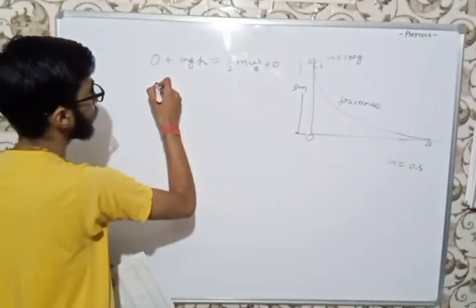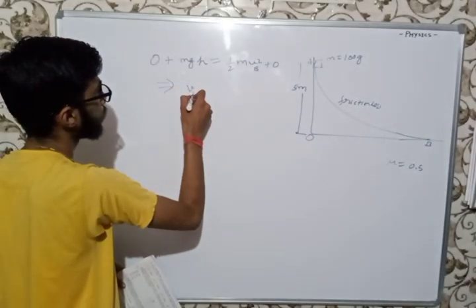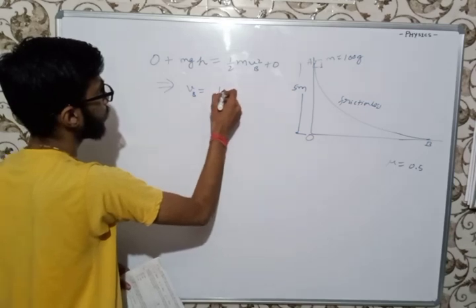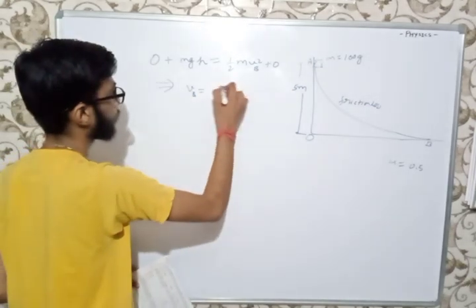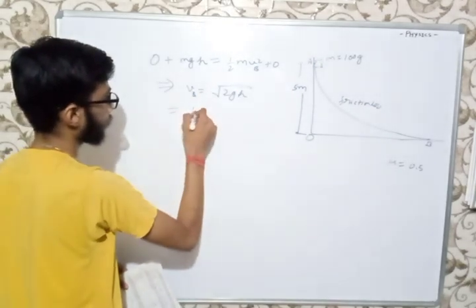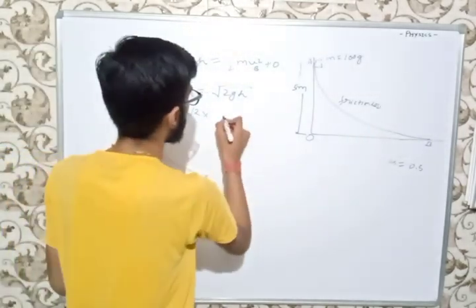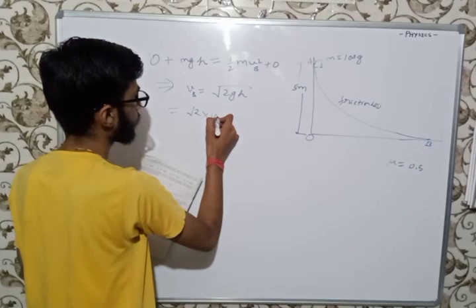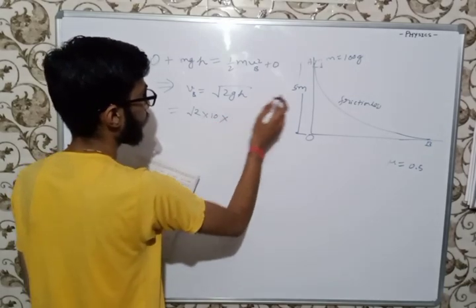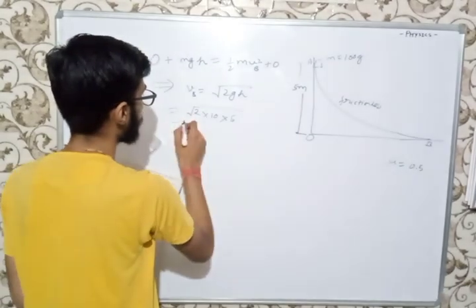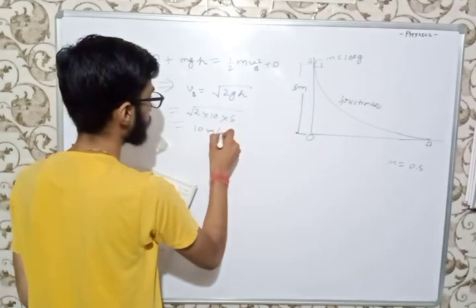Applying this you will get Vb equal to under root 2gh. Suppose g is 10 and h is 5, so it is simply 10 meter per second.